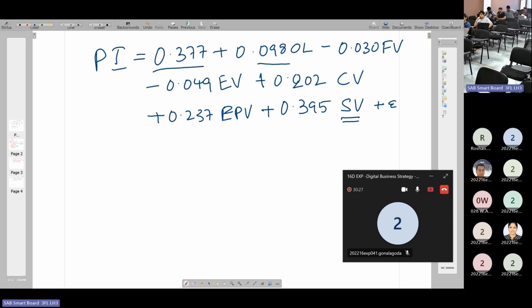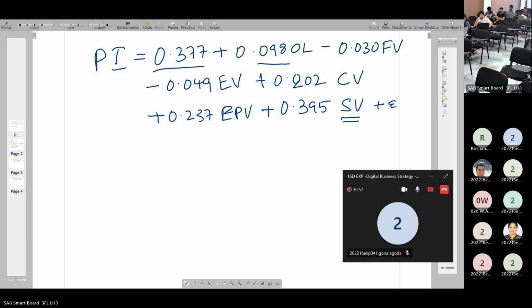So what it means is this: if you increase the social value by one Likert scale, then the purchase intention goes up by how much? 0.395. If you increase by 1 unit, what will be the impact on the dependent? It will increase by 0.395.